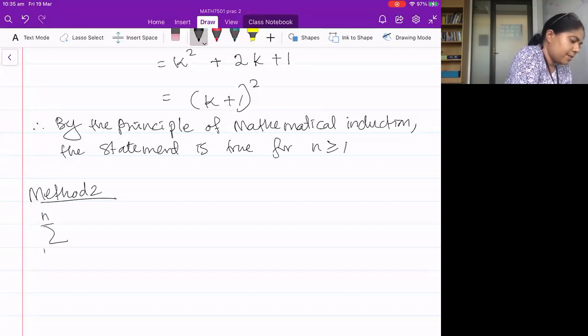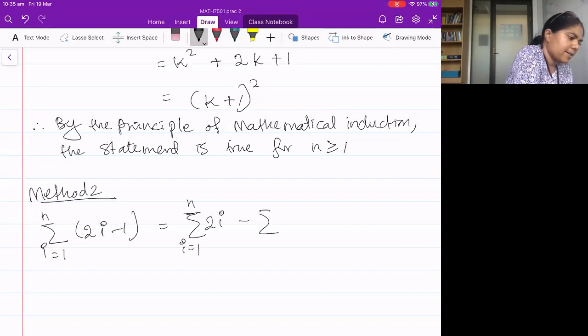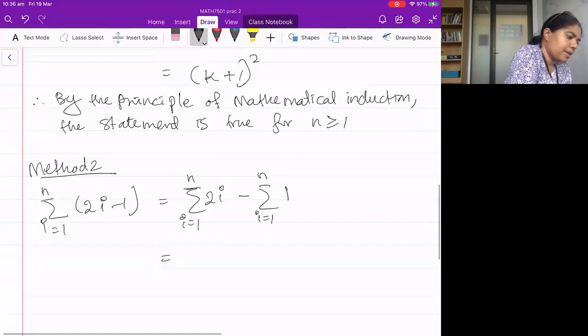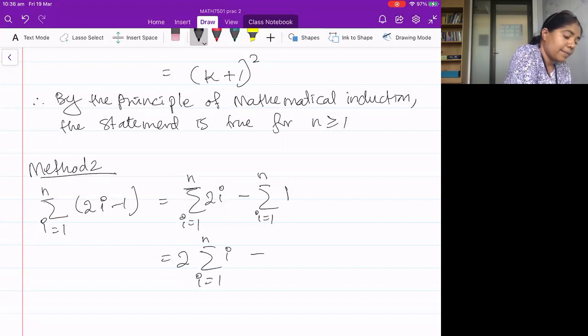Sum up to n of 2i minus 1 is equal to the sum of 2i minus the sum of 1. 2 is a constant here, so 2 times the sum of i from i equals 1 to n, minus the sum of the number 1, n times, so that's n.